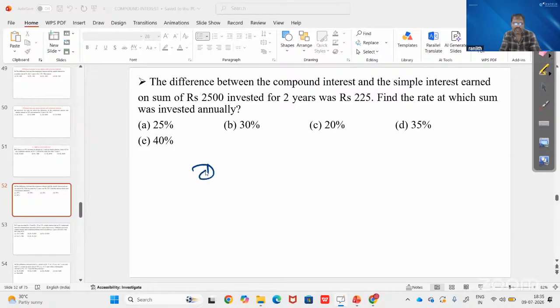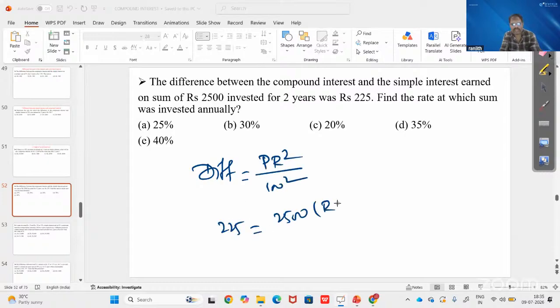P will be equal to 2500. Then R squared equals 900, so R equals 30%.